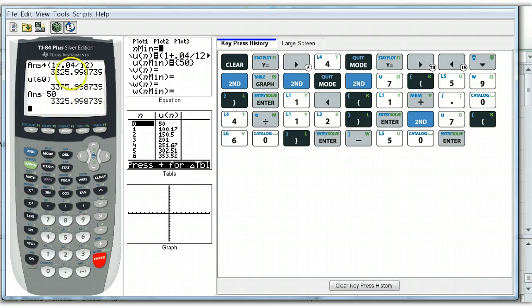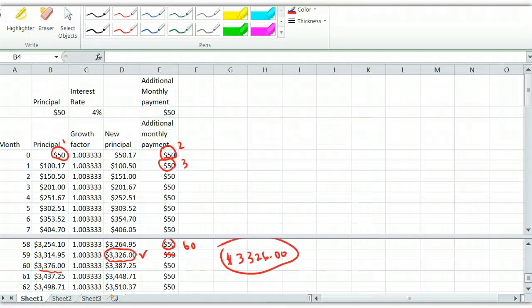So it's two different ways. I can go U of 59 and then apply that interest rate in that last month, or I can go U of 60, but I put in one too many $50 deposits, so I'm going to take it away, and then I'm going to get this value here. So that's the way I can do it with my calculator, and it corresponds very well with my spreadsheet and these values. You can compare those.